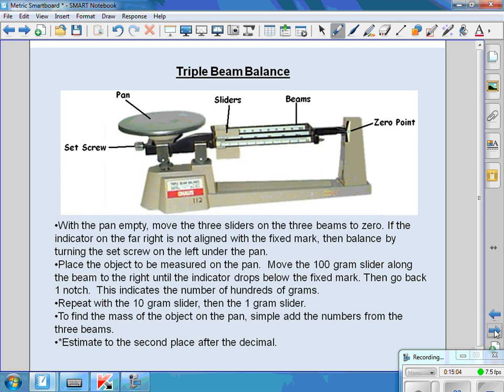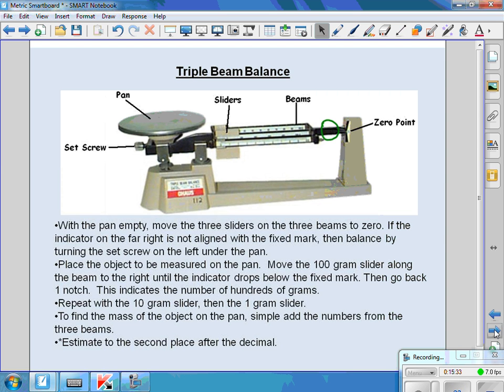The first slider you move needs to be the 100. You're going to move the 100 and make sure it drops into its little slot and determine, is it more than 100 or is it less than 100? If the part of the beam at the end, this part here, drops all the way to the bottom, then that means that 100 is too much.